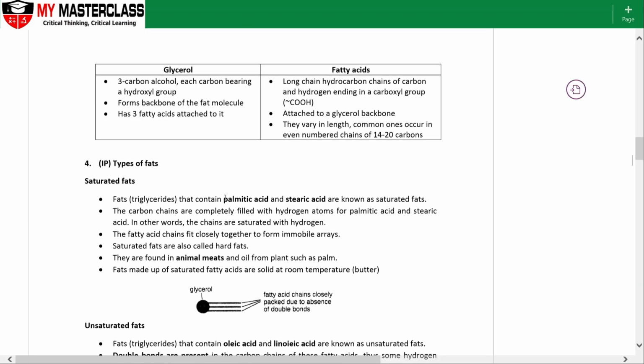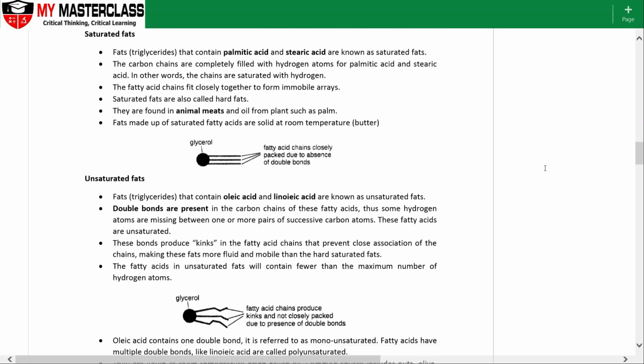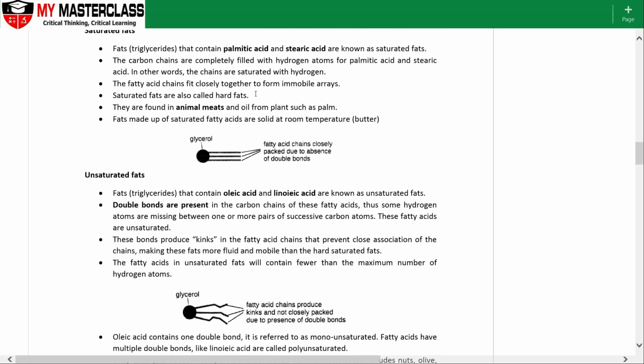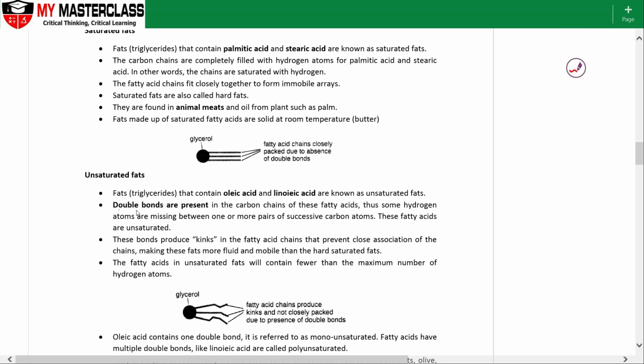As for the types of fats, I have two types, saturated and unsaturated fats. Often we hear that saturated fats are not good for the human body. True, with a reason. Saturated fats are very packed because they do not have any double bond. But unsaturated fats, on the other hand, have the presence of a double bond, at least one double bond.